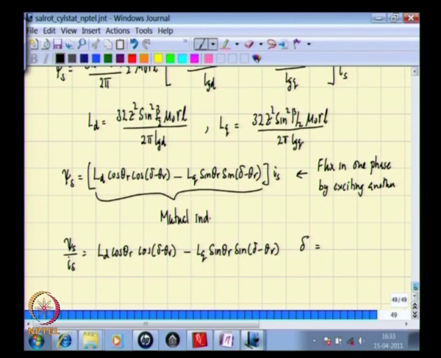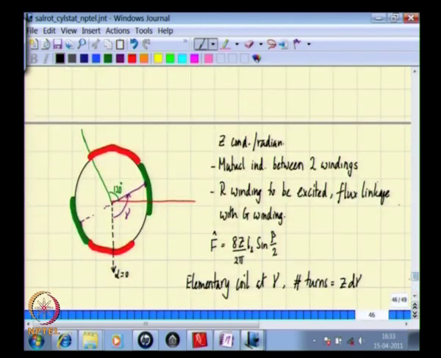We have this figure here, and this angle from here to here is what we call delta, which is the spatial separation between the two axes.